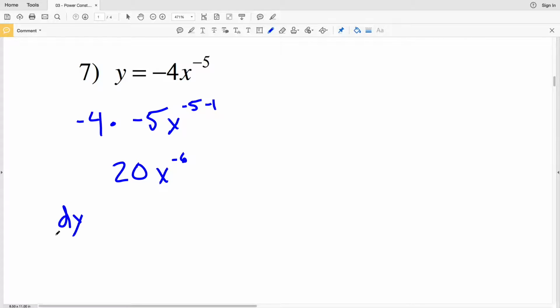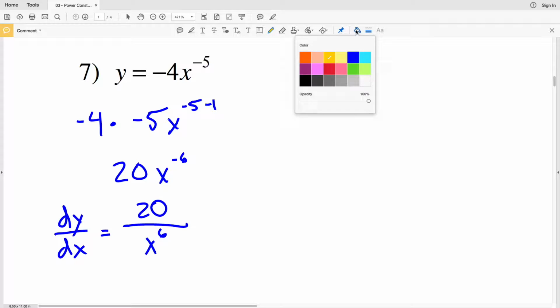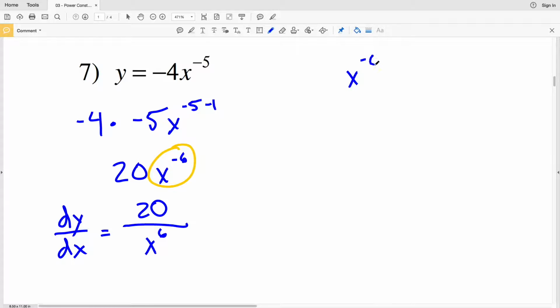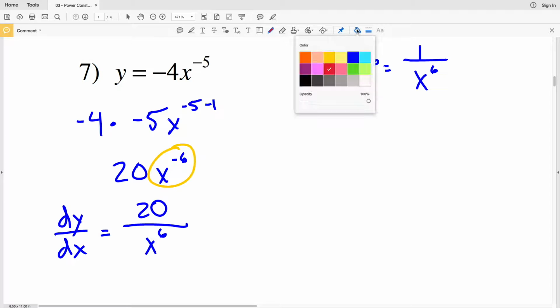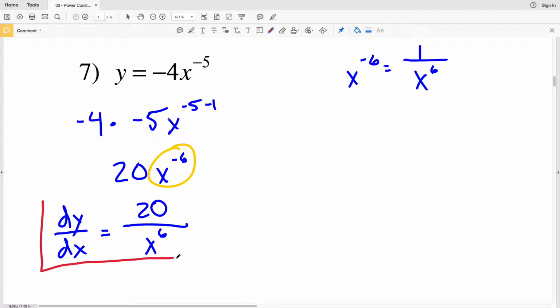So the derivative of y with respect to x is going to be 20 all over x to the 6th, because remember, x to the negative 6 equals 1 over x to the 6th. So I'm moving x to a negative exponent into the denominator with a positive exponent. So 20 over x to the 6th is my solution in number 7.